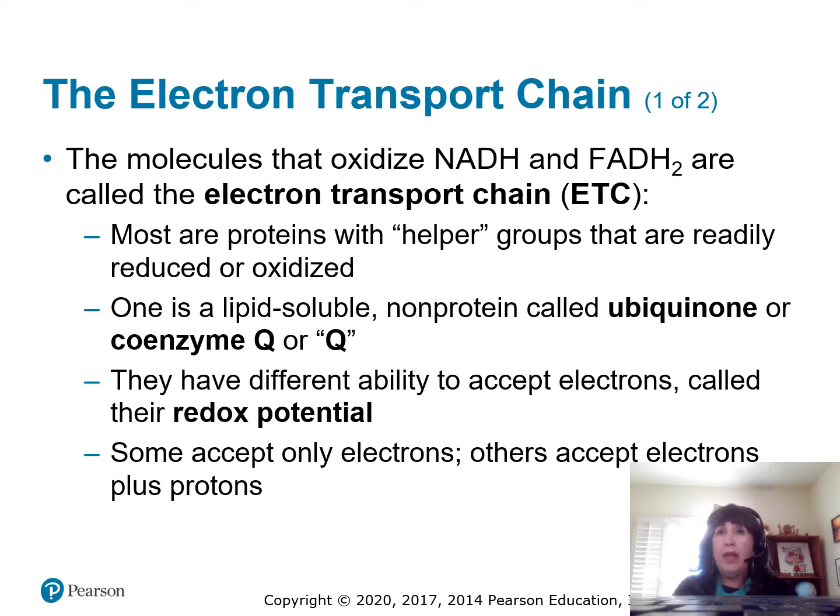Okay, so I want you to hear about them, but you don't need to exactly know them for the exam. But what I do want you to know is that electrons are going through a series of redox reactions. They're going from high energy to low, high energy to low. And when my hands are shifting back and forth, there's a series of intermediate molecules that are helping with these redox reactions.